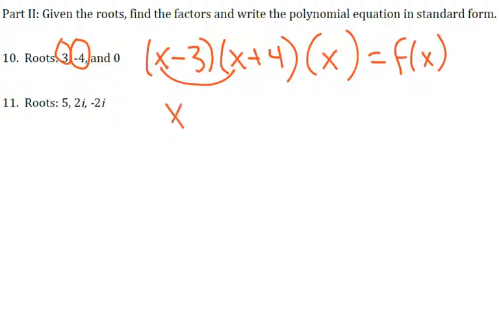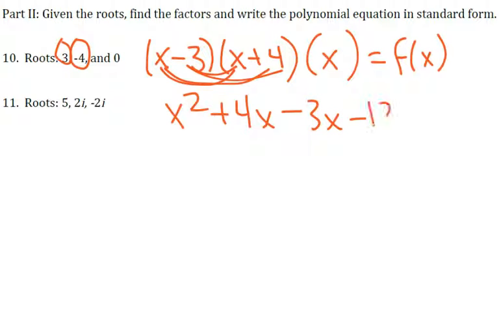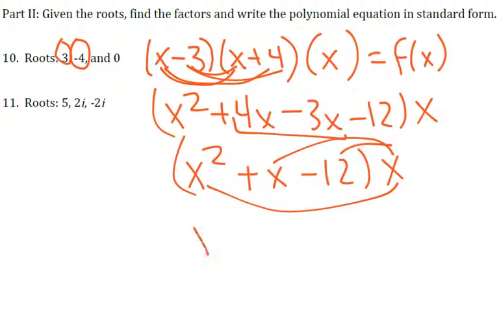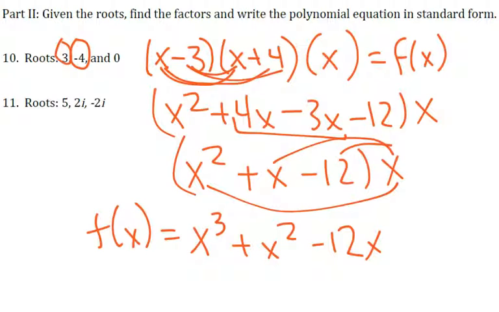X times x gives us x squared, x times 4 is 4x, minus 3x, minus 12, all that times x. Then simplify those, we'd have x squared plus x minus 12, times x to everything, so x cubed plus x squared minus 12x. That's our function in standard form. That's essentially what it's wanting you to do.